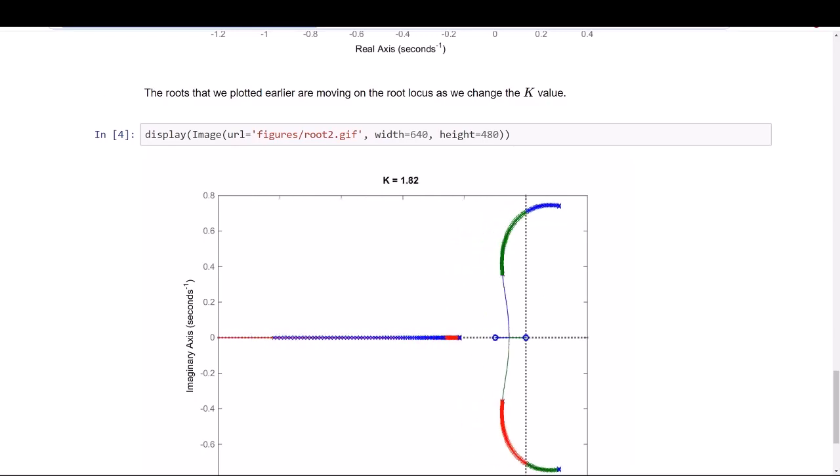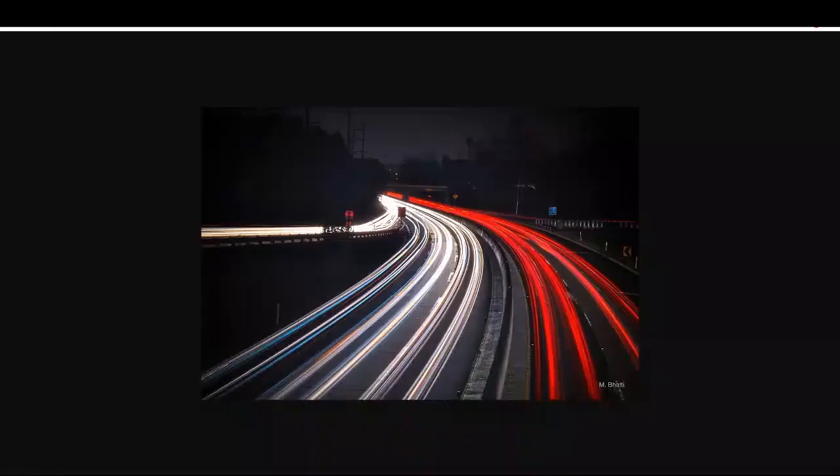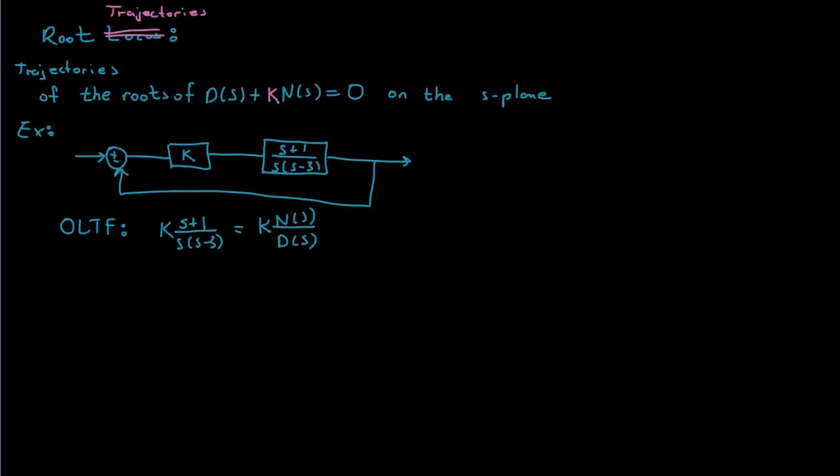For example, I have here a long exposure photograph of a highway. Each of these lines corresponds to the headlights or tail lights of the cars. But if you collect those in time as you change the variable, you end up with lines, and root locus somehow looks like this. It's a similar concept.